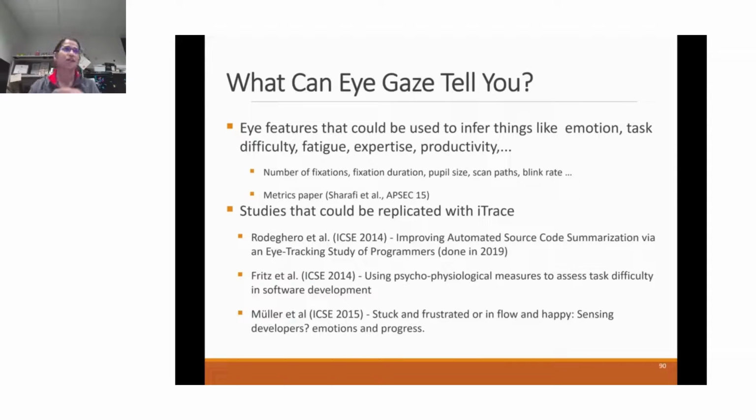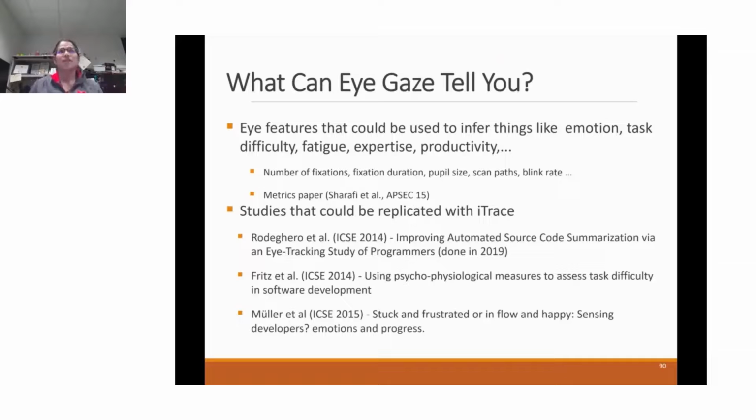You cannot go from light mode to dark mode or suddenly change the lighting, because your pupils are going to constrict, and everyone has a certain baseline. So it's a very sensitive measure. This is why I don't use it in hindsight. You have to know that you're going to use pupil size before you do it. And there are other things like blink rate, scan path, and so on.